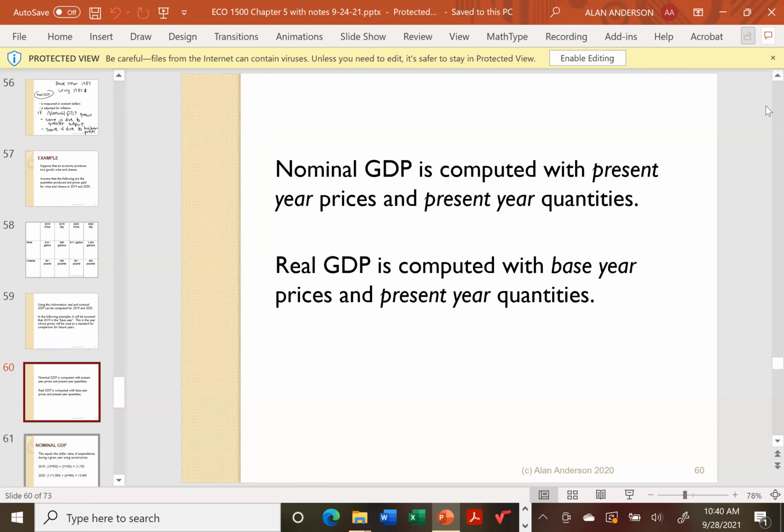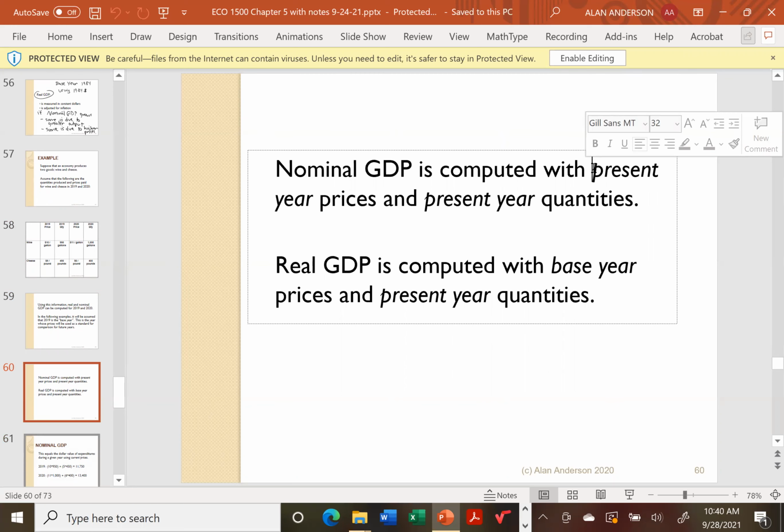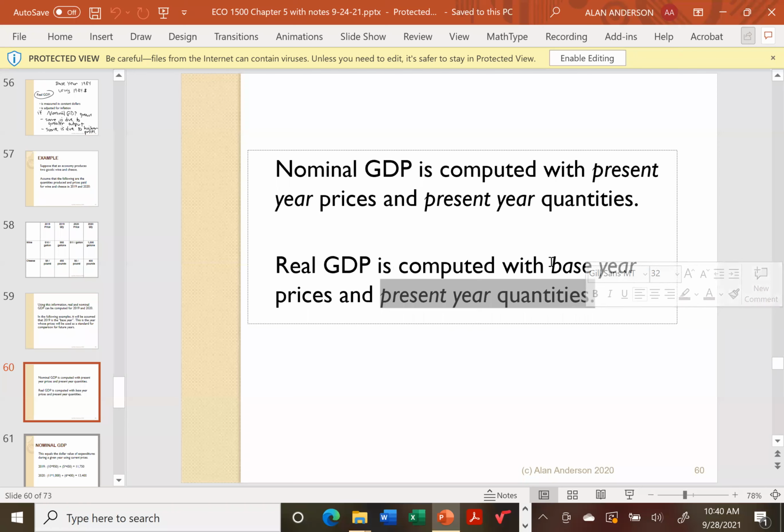So nominal GDP is computed with present or current year prices and present year quantities. Real GDP, on the other hand, is also produced with present year quantities, but the difference is that it is using base year prices. Okay, that's the key distinction.